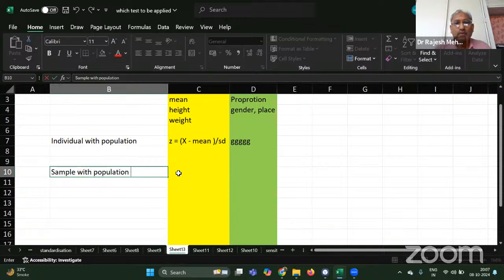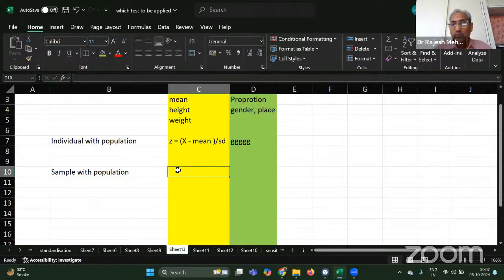In this also, when you want to talk about the population based on a sample, you are going to use the mean, for example, based on the mean hemoglobin level of a sample, you want to talk about the population. Or you want to find out whether this sample belongs to this population or not.